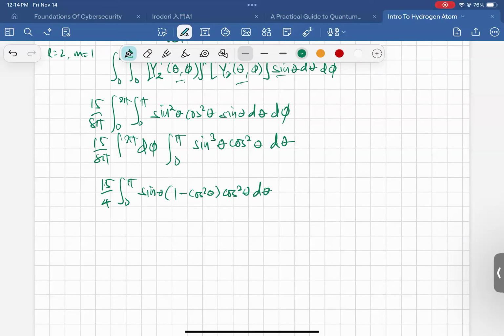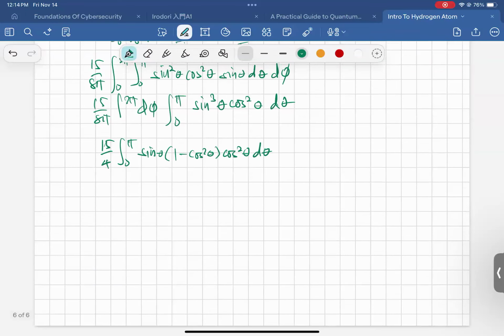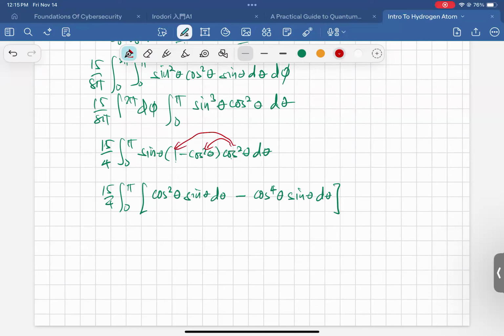Ang mangyayari dyan is 15 over 4, 0 to pi, and then yung first term dito will be cosine squared theta sine theta d theta. And then yung second term is cosine to the fourth theta sine theta d theta. So, basically, minultiply lang natin doon.